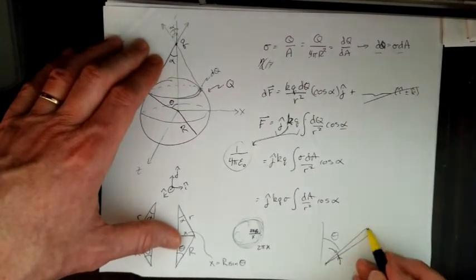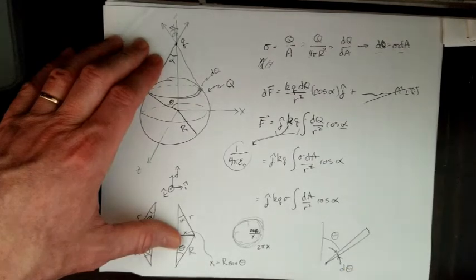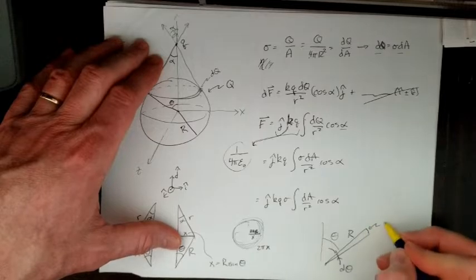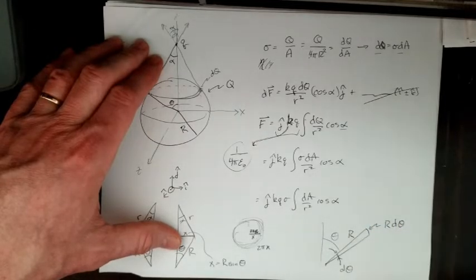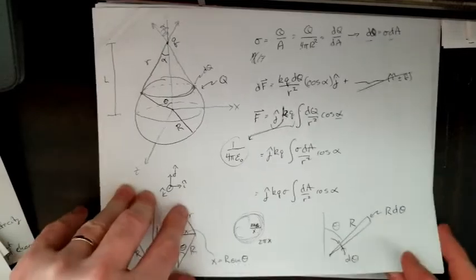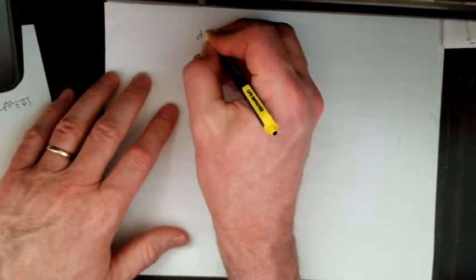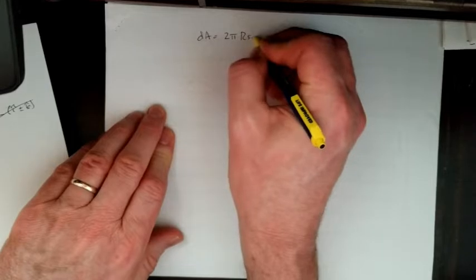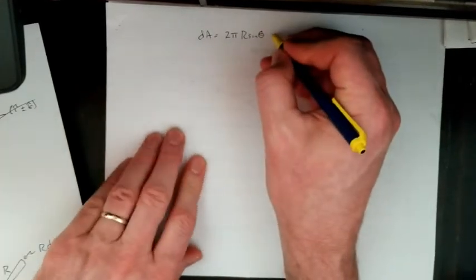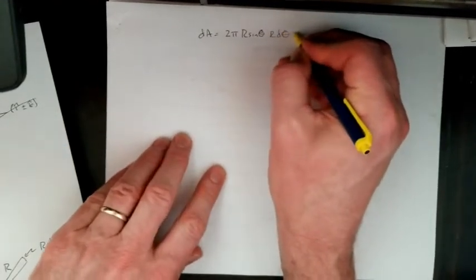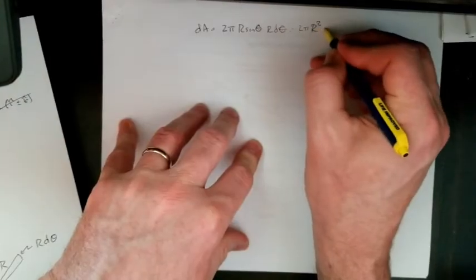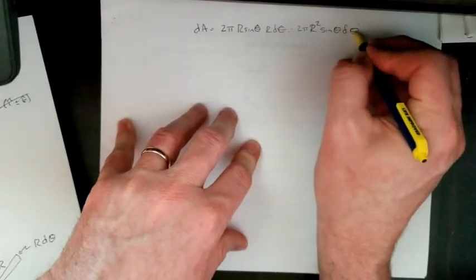Since this is infinitesimally thin, this is some infinitesimally small sliver of the angle. I have radius r here, and so this becomes r d theta. Therefore, my area is equal to the circumference, 2 pi times r sine theta, times the thickness, which is r d theta. So this now becomes 2 pi r squared sine theta d theta.